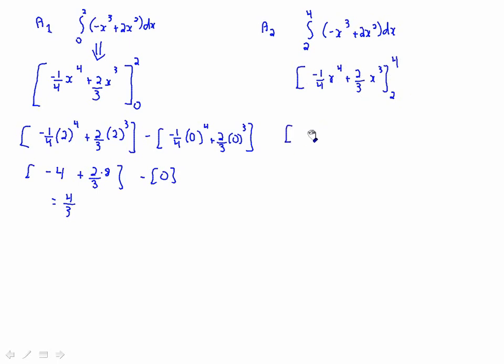And we substitute in the 4, so negative 1/4 times 4 to the 4, plus 2/3 times 4 cubed, and then minus the 2 substituted in, so negative 1/4 times 2 to the 4, plus 2 over 3 times 2 cubed. And of course you'll know that that second part is going to be equal to what we had before. So I know that'll be 4 over 3.